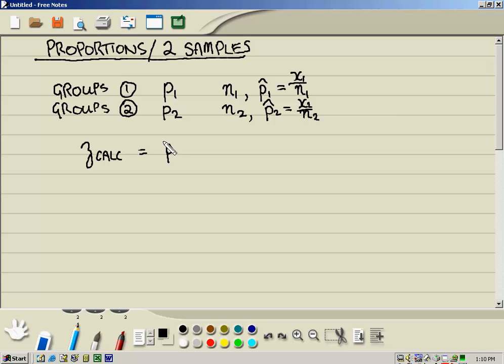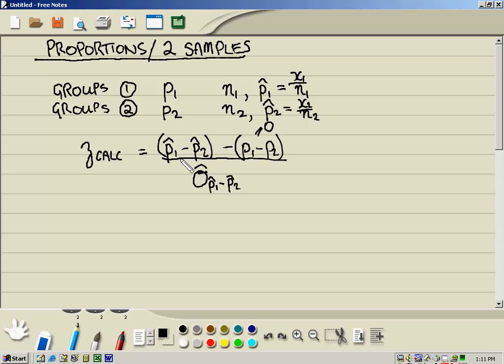So z-calc will be the sample difference, p hat 1 minus p hat 2, minus the hypothesized difference, p1 minus p2, and that hypothesized difference will always be 0 in one or two-tailed tests, and we're going to divide that by the standard deviation, which is sigma hat, p hat 1 minus p hat 2.